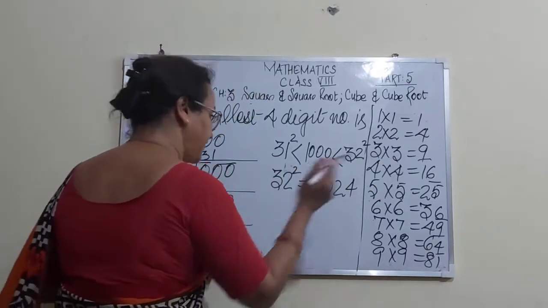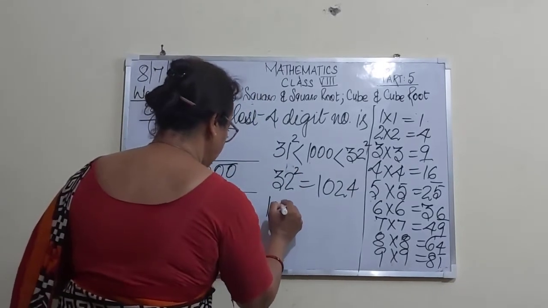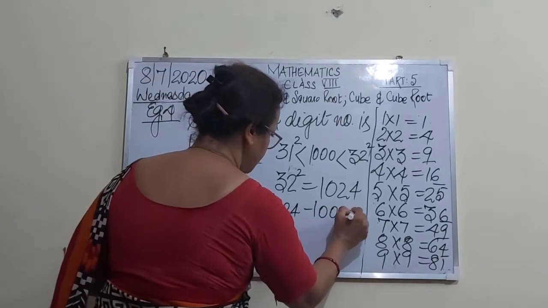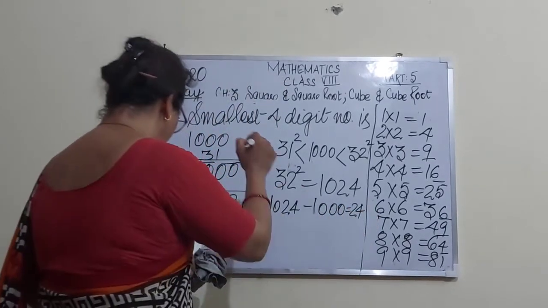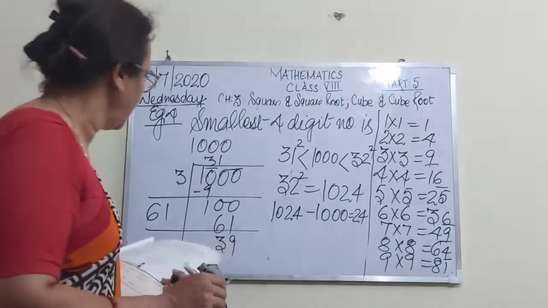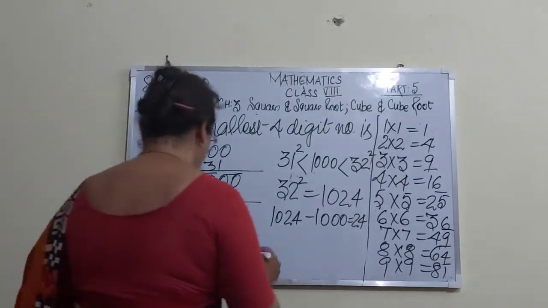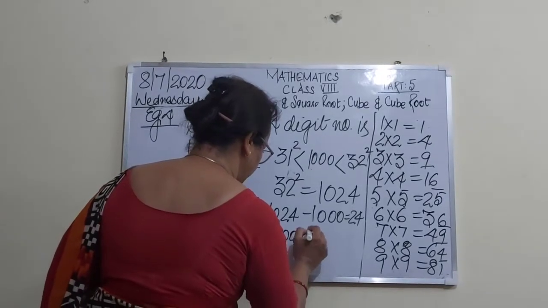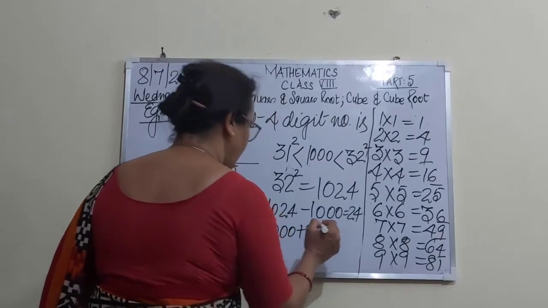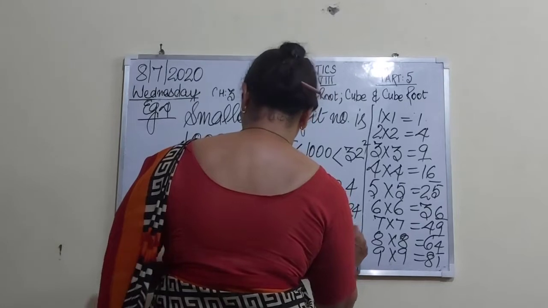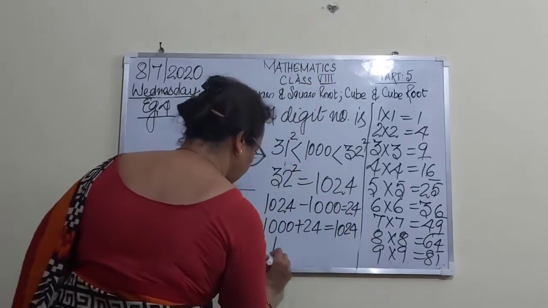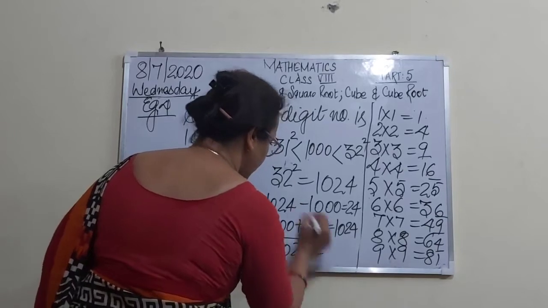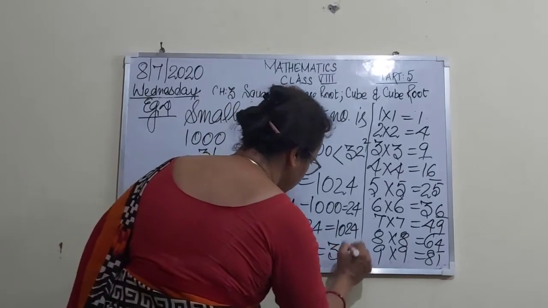Now we will find the difference: 1024 minus 1000 is 24. So we add 24 to 1000 and then we get a perfect square number. 1000 plus 24 is 1024, and this is a perfect square number. 1024 is the square of 32, so the square root is 32.